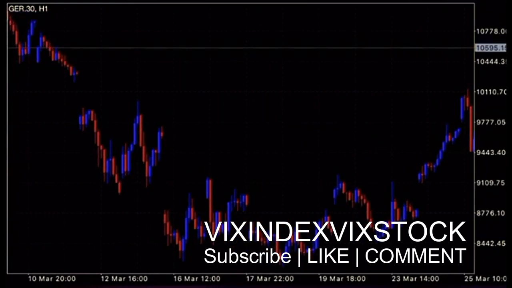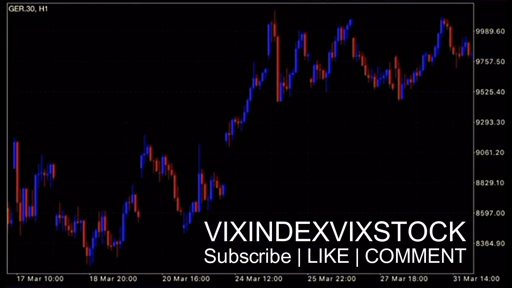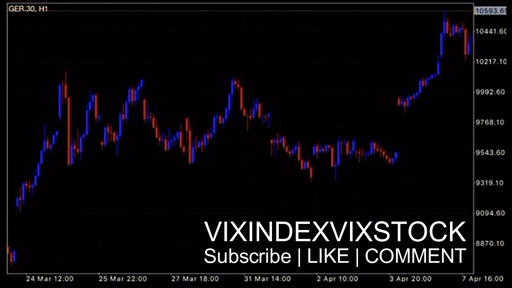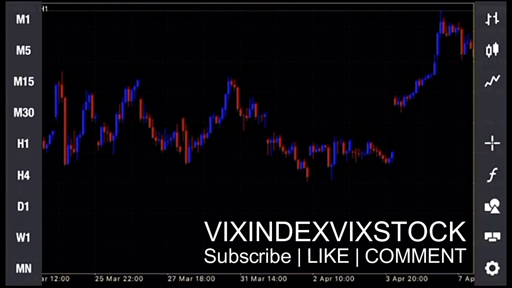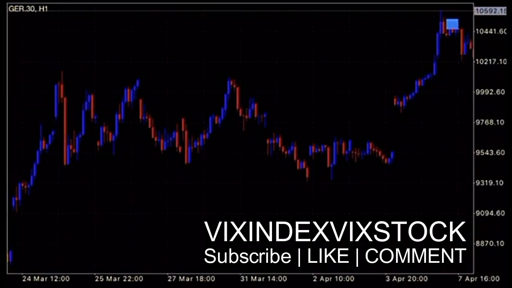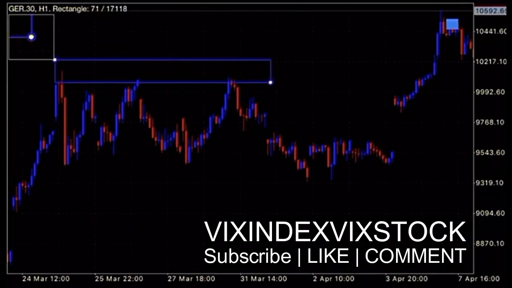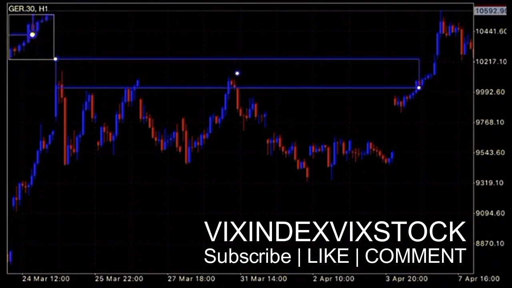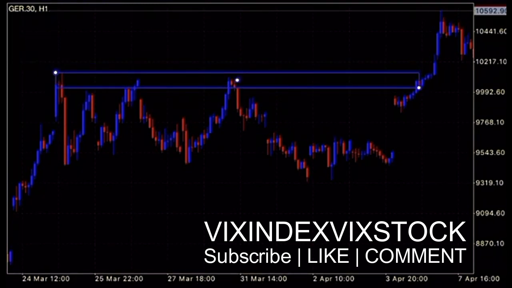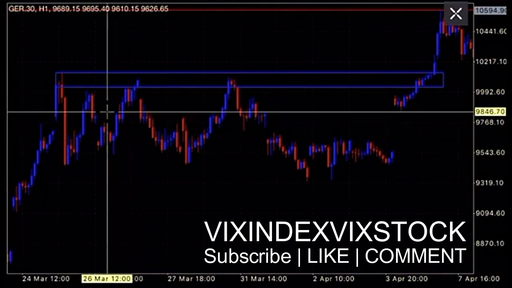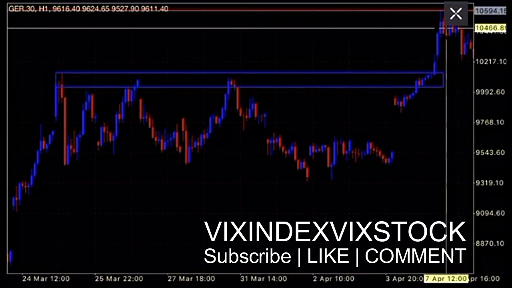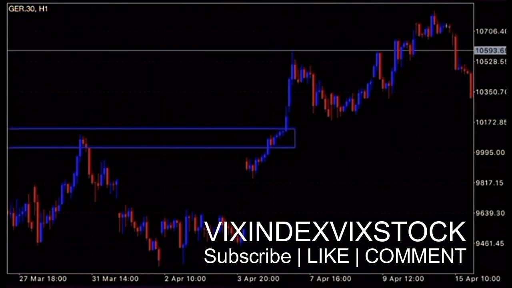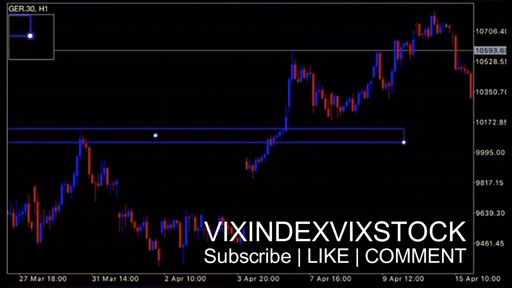The first step, you switch to H1 on German 30, and then after switching to H1 you look for a valid support or resistance. Take a look here. You have a point here, 1, 2, 3, meaning this is a valid resistance, and then there was a breakout here.